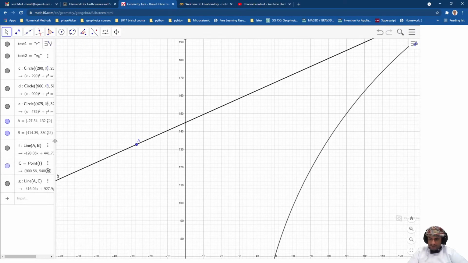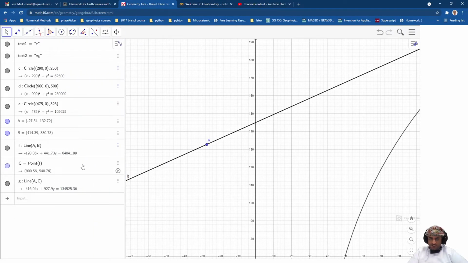So I might need to change the value of A, make it a bit lower on the y-axis. Make it a little bit lower, maybe 0, 30.